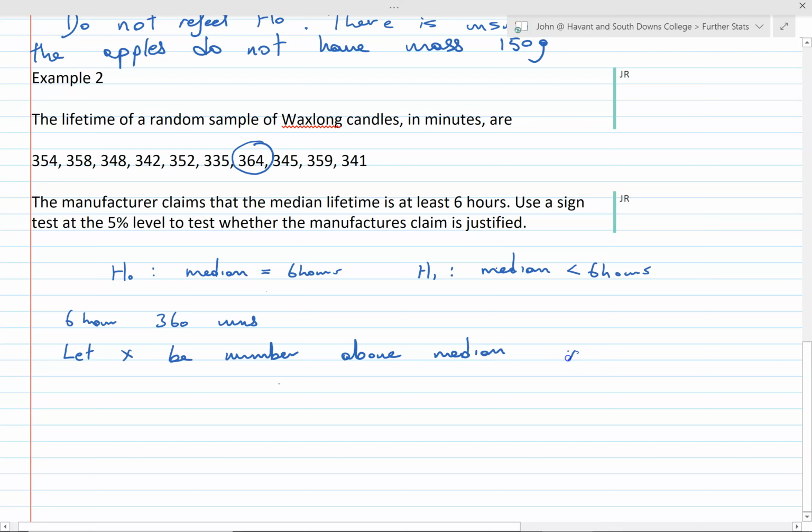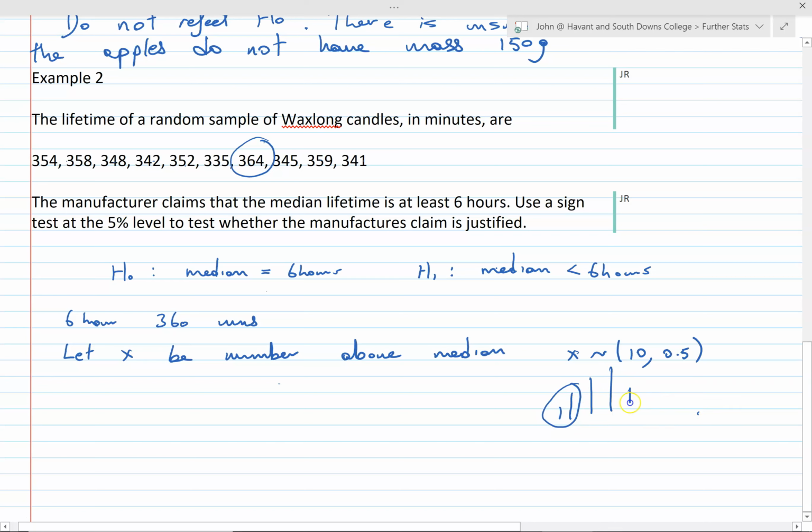And so we've got a sample size of 1, 2, 3, 4, 5, 6, 7, 8, 9, 10. So x is binomial 10, and I presume under the null hypothesis p equals 0.5. In this case we've got a value of 1, and we're at the bottom end of the tail only, so we're not interested in the higher values.